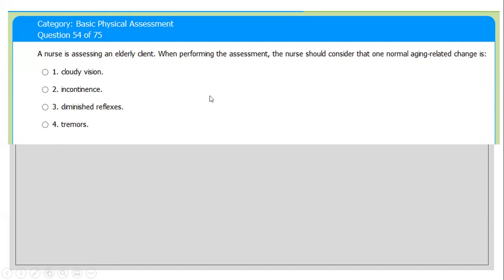So keep in mind, what are the common age-related changes for everybody? The most reliable age-related change is decreased or diminished reflexes, or we can say decreased speed of processing. So how fast you do things and how fast you process information.